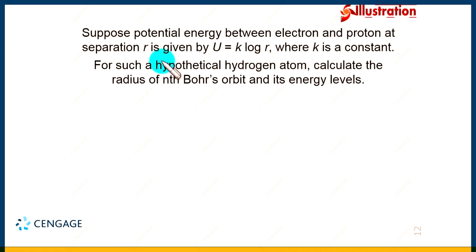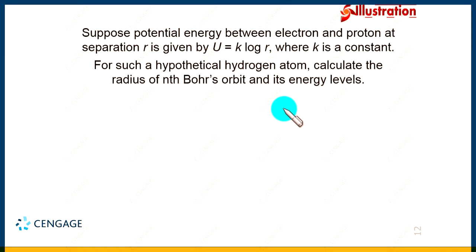But while deriving the formula for the nth Bohr orbit and energy level, we used the relation capital U equal to k Z e multiplied by minus e divided by small r, that is equal to minus k Z e square divided by small r. And we calculated the force between the electron and nucleus, that is equal to k Z e square divided by r square, and we equated this force equal to m v square divided by small r.